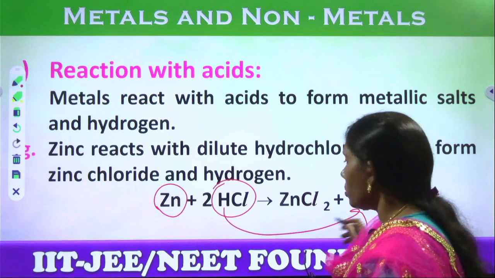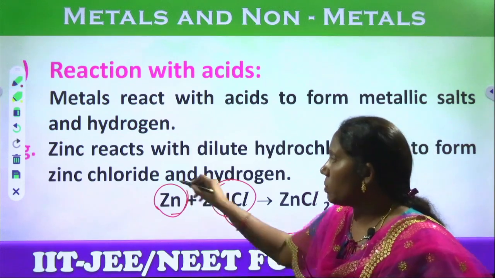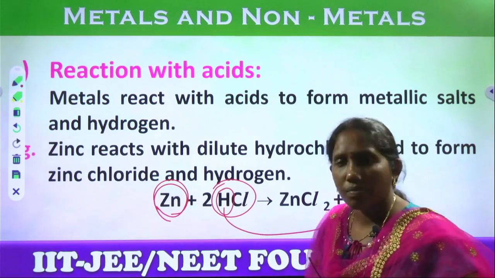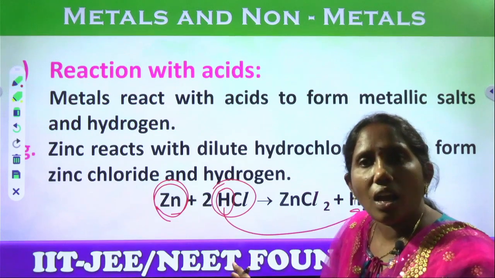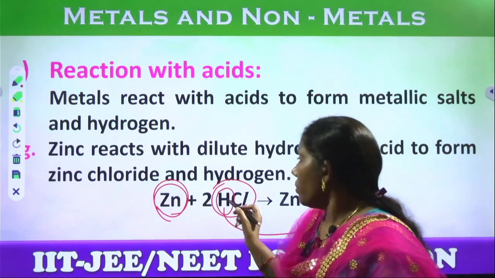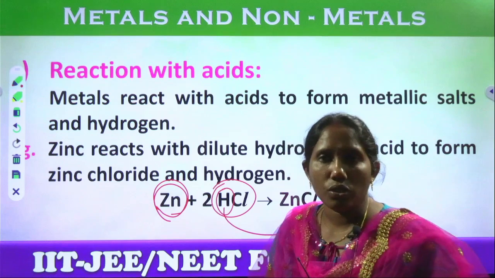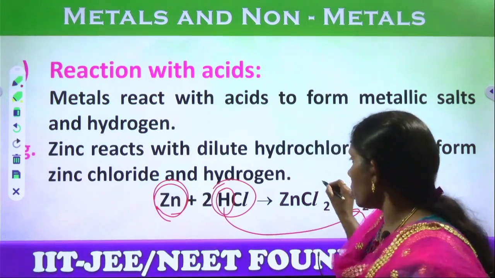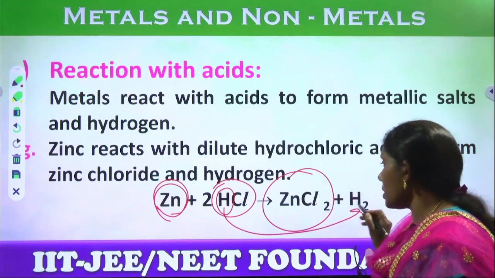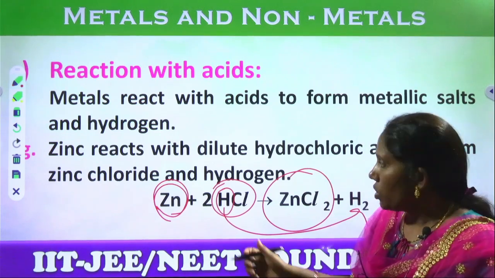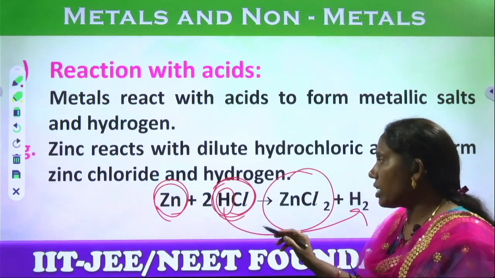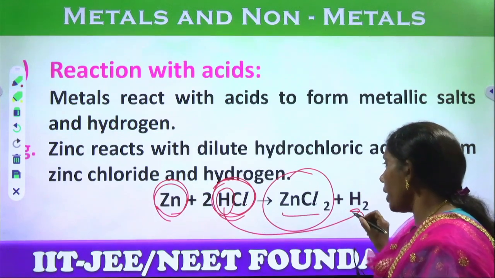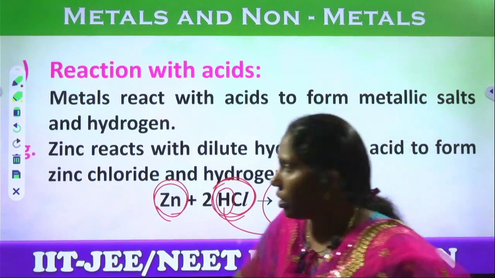H2 comes out, then zinc takes the hydrogen's place, because zinc is more reactive than hydrogen, so zinc can displace hydrogen. So hydrogen comes out. Simply it forms ZnCl2 plus H2. So Zn reacts with 2 moles of HCl and forms zinc chloride and H2, right?